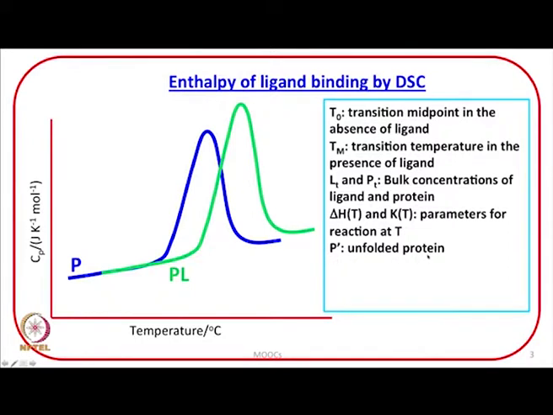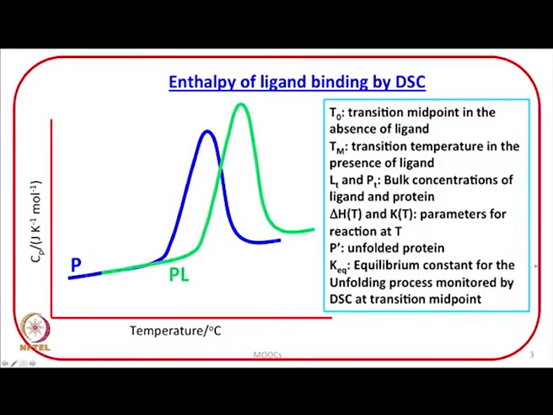P prime means we will be talking about the unfolded protein. And wherever I use the subscript EQ, equilibrium, for example KEQ, this will be the equilibrium constant for the unfolding process monitored by DSC at transition midpoint. So let us keep this in mind. Whenever I use EQ, this will correspond to the process which is monitored by DSC at transition temperature.